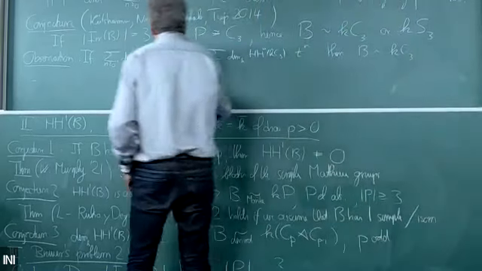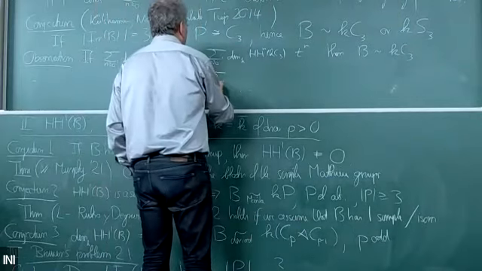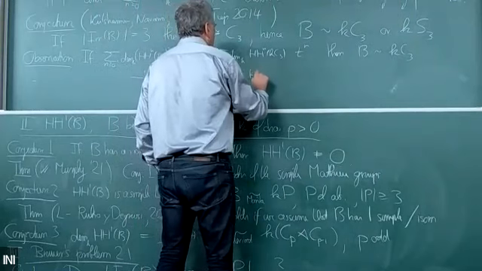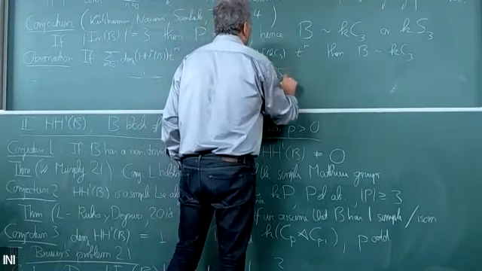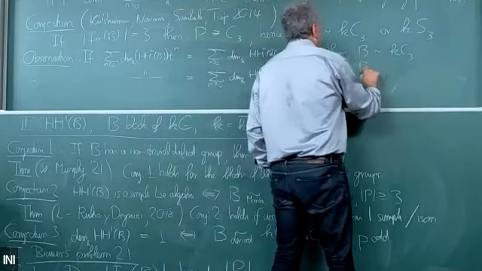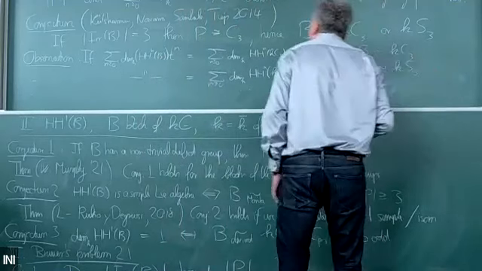And the same happens for the other case. If you know that the Hilbert series is that of the symmetric group S3, then the block is Morita equivalent to KS3.